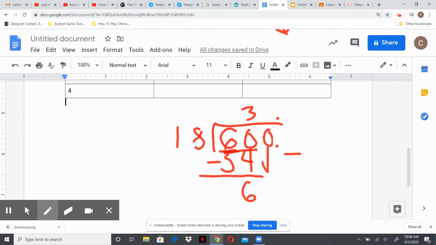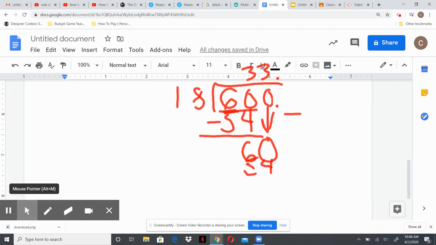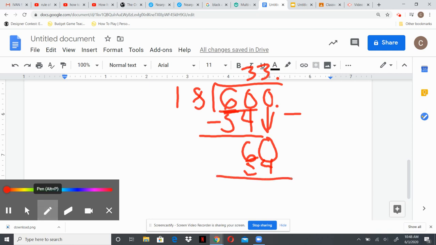Now we bring down the next number in line, which is a 0. Now this looks familiar, because I need to know how many 18s there are in 60. We just did that, so that is 3. 3 times 18 is 54, and guess what? I get a difference of 6.